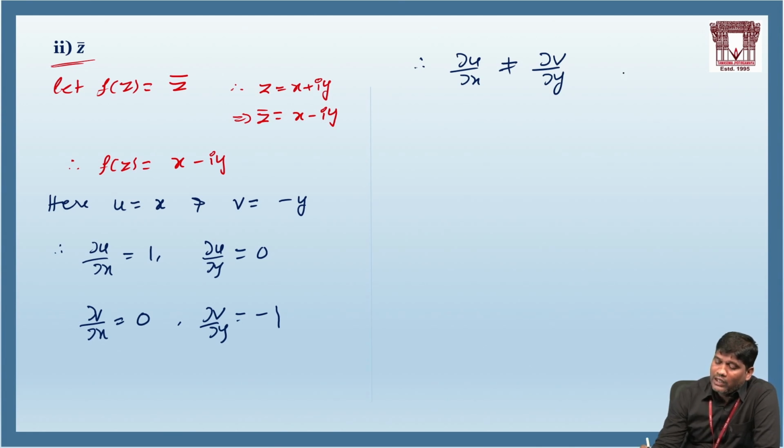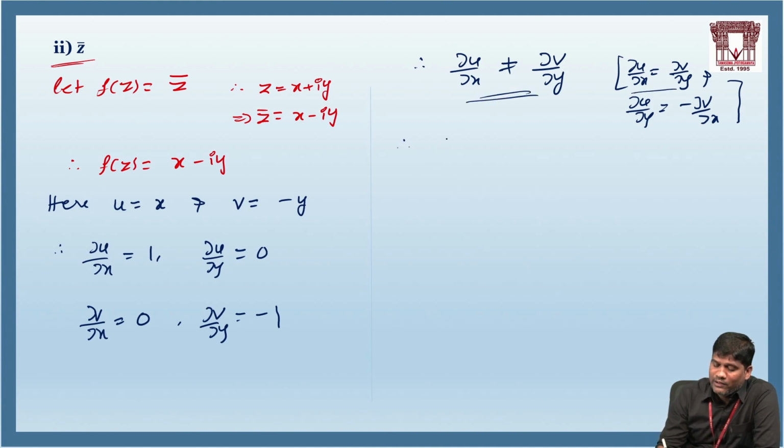We know the Cauchy-Riemann equations: dou u by dou x is equal to dou v by dou y, and dou u by dou y is equal to minus dou v by dou x. Here the first condition is not satisfied, so the function f of z is not analytic anywhere.